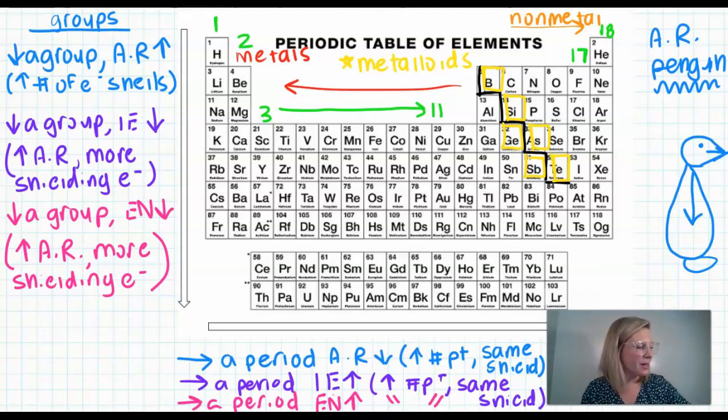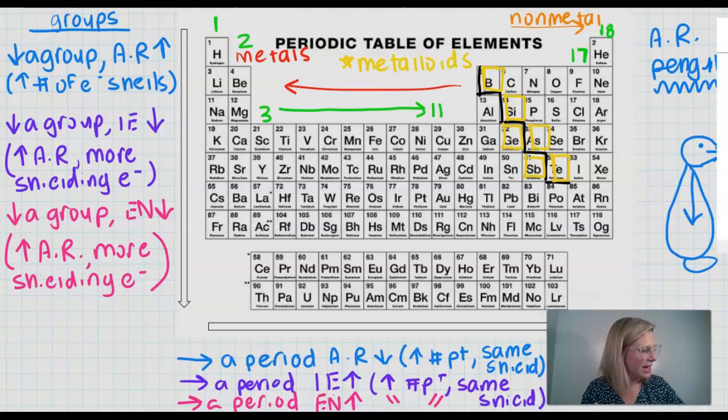To sum all this up and finish things here, I do want to point out that we can also think about metallic character in this sense. For metallic character, which atom is most metallic?